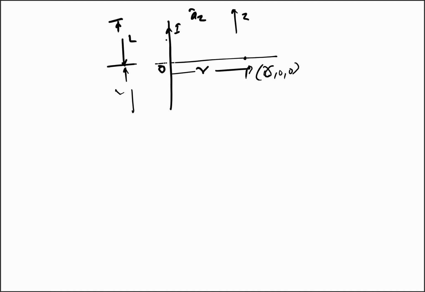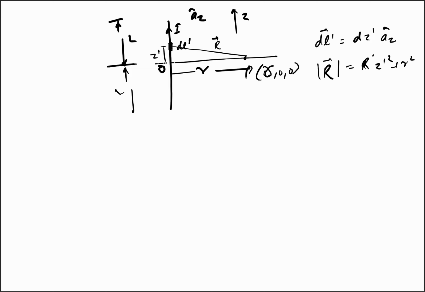So let us take this small current element dl dash, which is at z dash from the center. So this will be r. Then dl dash can be written as dz dash az, and R is simply the square root of z dash square plus r square, from the Pythagoras theorem.